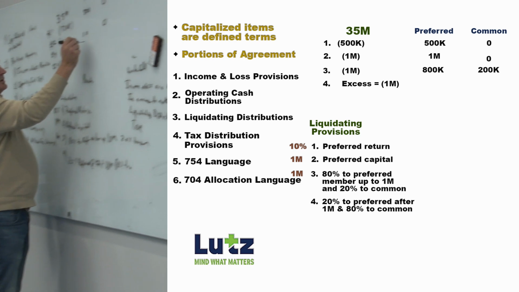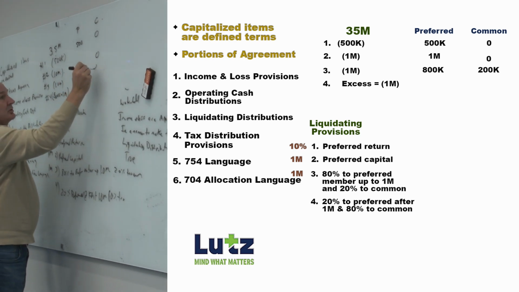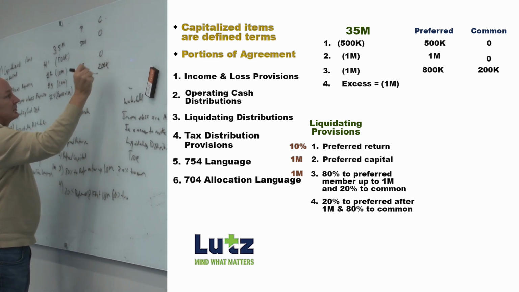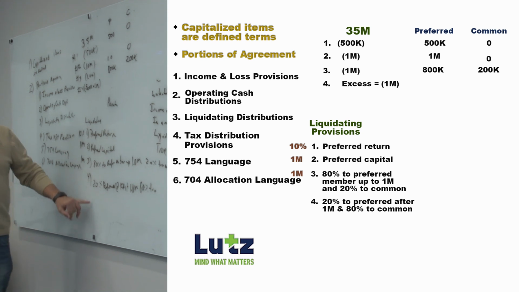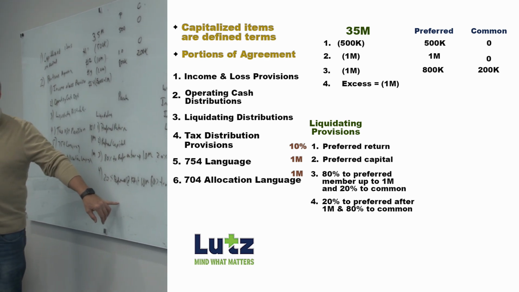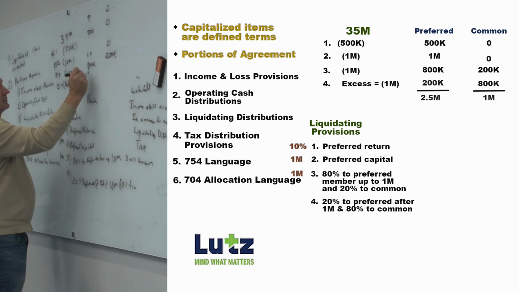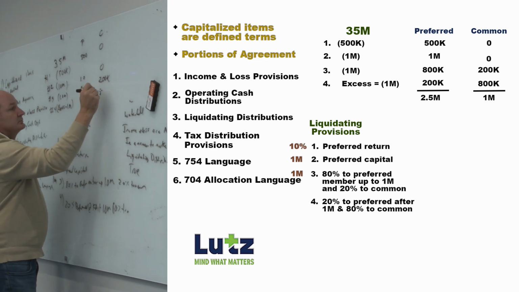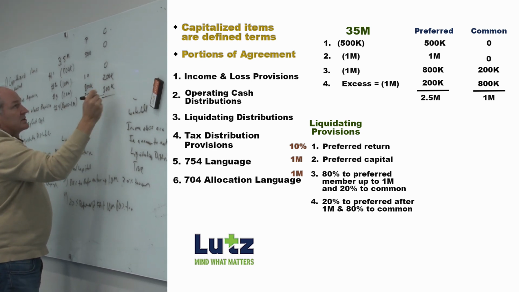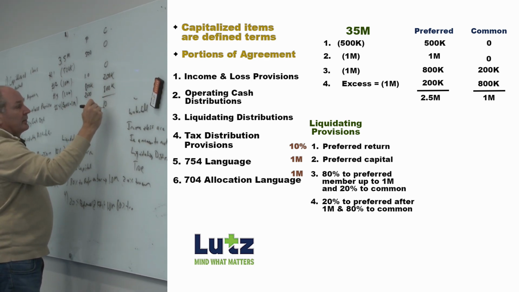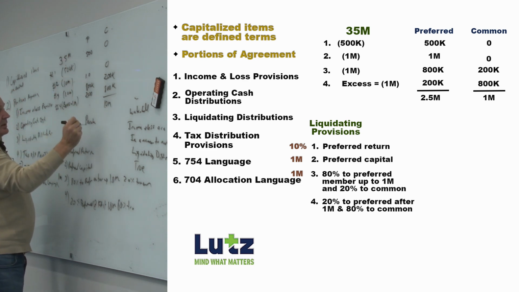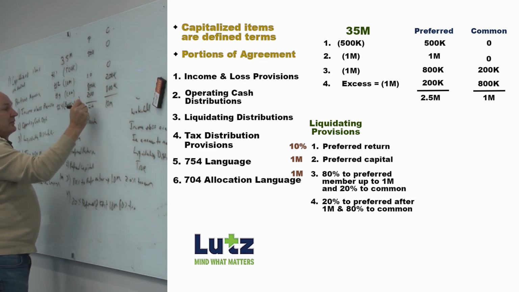Okay. So 800K goes to preferred, 200 goes to common. The excess, 20% goes to preferred, and 80% goes to common. So, of our income allocation, the common got $1 million, and the preferred got 2.5 million.